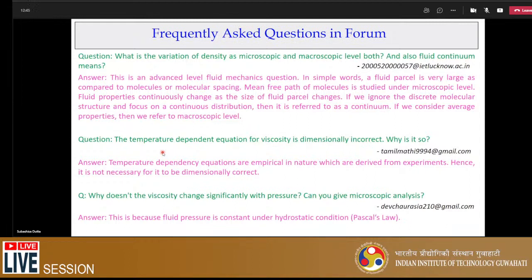These are the most commonly observed fluid flow problems in our cases, where the range of the pressure difference is not going to change the viscosity. As I said, you can go to advanced-level fluid mechanics to know the conditions where pressure does affect the viscosity.